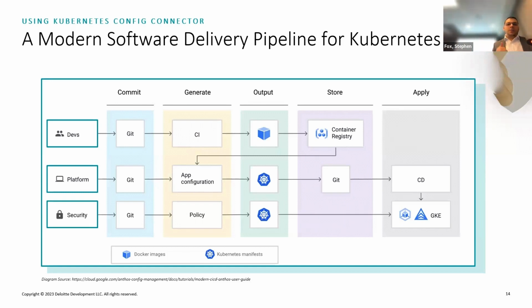That's mainly your Git repository. The output is Kubernetes manifests, and with Git, whatever gets stored into the deployment Git repository will be watched by your continuous delivery mechanism.